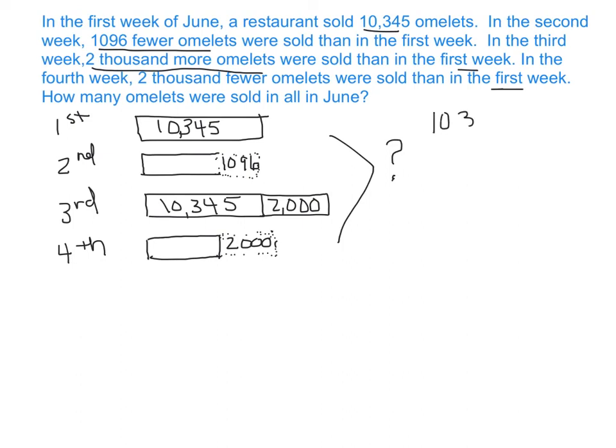So 10,345, but 1,996 less. So that gives me 4, 2, and 10 minus 1 is 9.